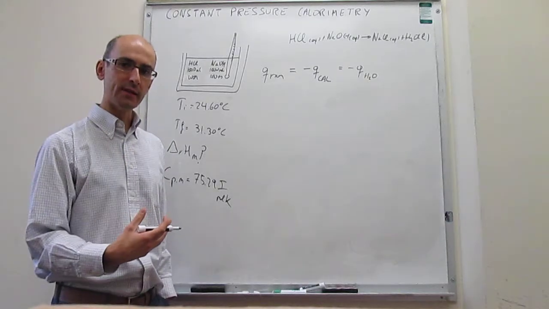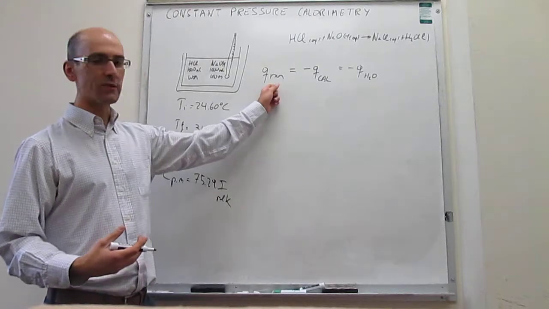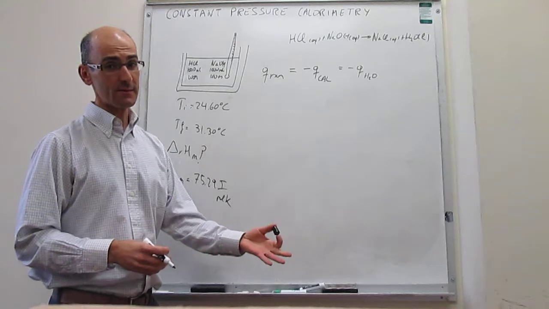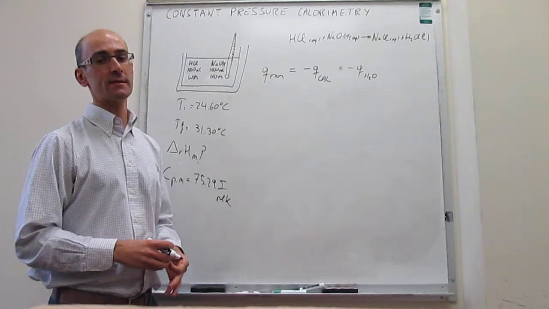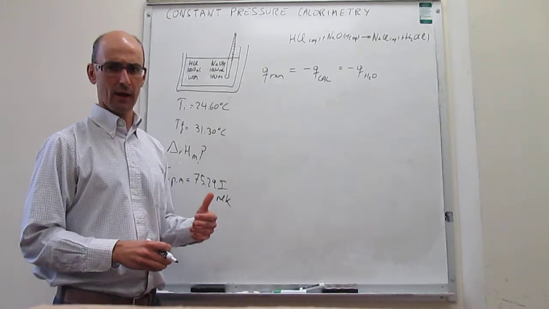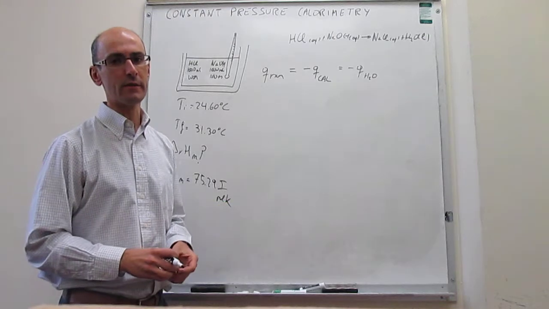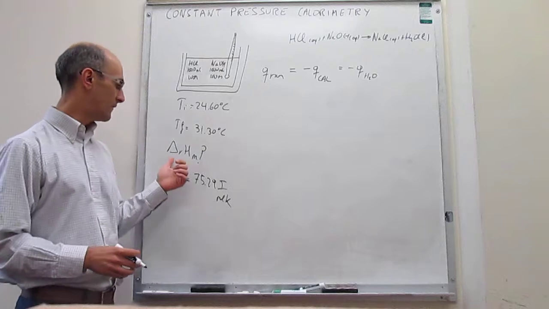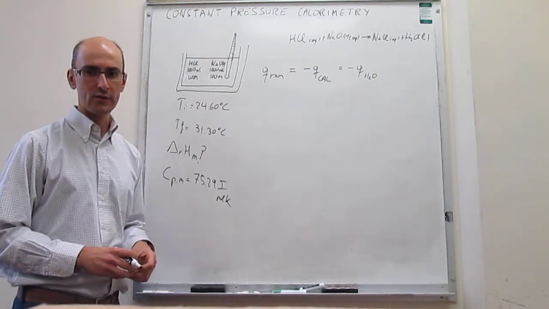Once we determine that, we just change the sign, and that will be the heat released by the reaction. Then we simply have to calculate how much that difference in enthalpy is on a per mole basis to get the change in molar reaction enthalpy.